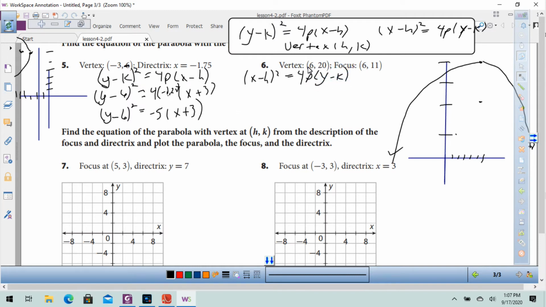Well, we know h is 6, k is 20, so we've got x minus 6 squared equals 4p times y minus 20. Well, what is p? p is the distance from here to here, and that is -9. So x minus 6 squared equals -36 times y minus 20. And there we go.